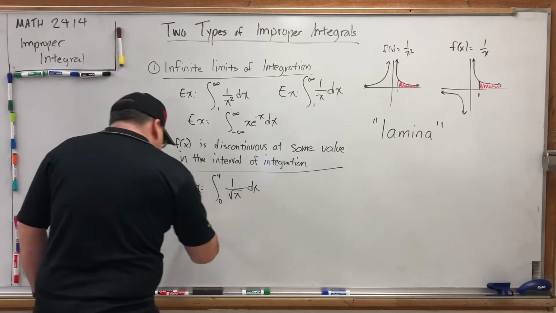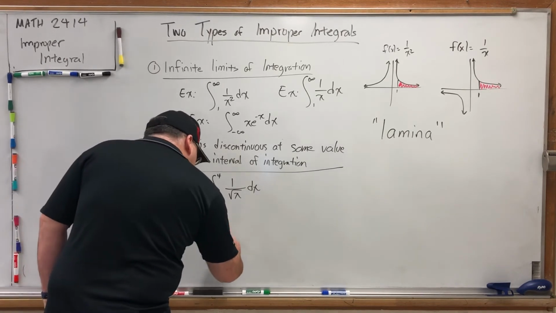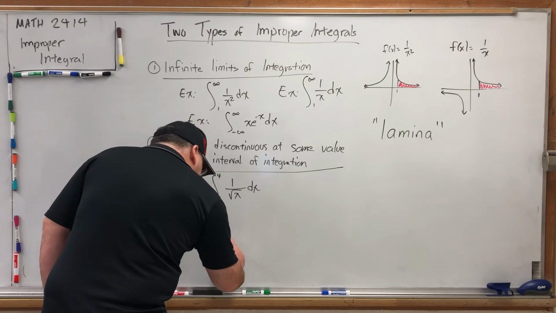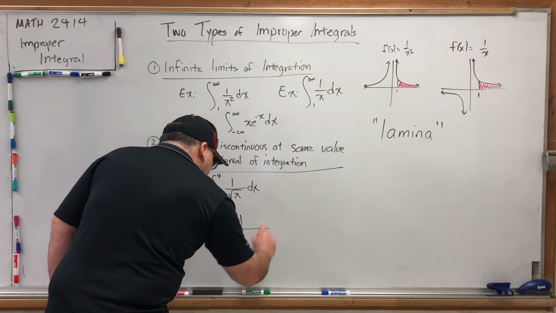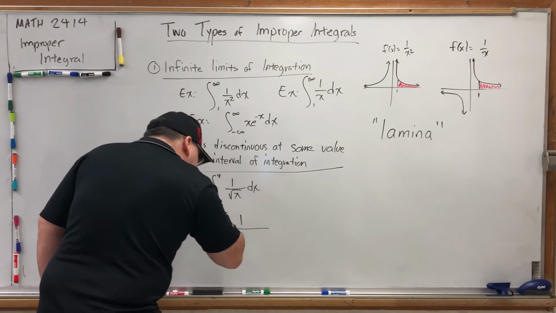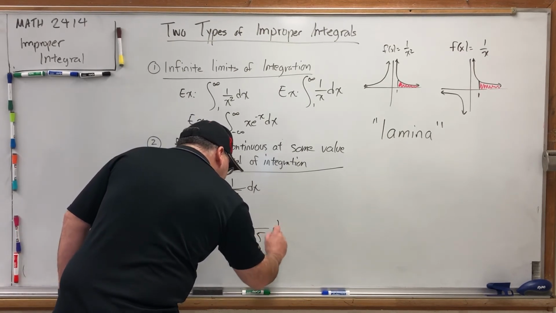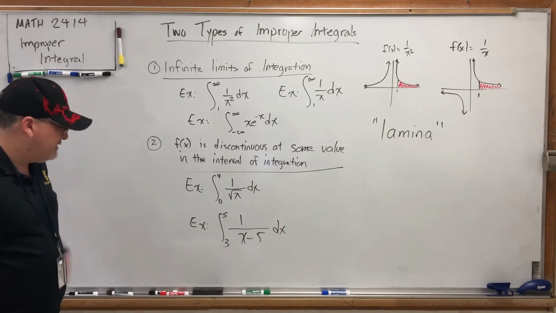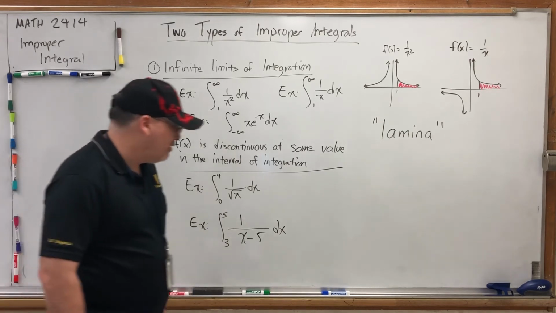We'll answer that soon. Or maybe I'll have something like the integral from 3 to 5 of, I don't know, let's just say 1 over x minus 5, which would be discontinuous at x equals 5 because that causes the denominator to be 0.